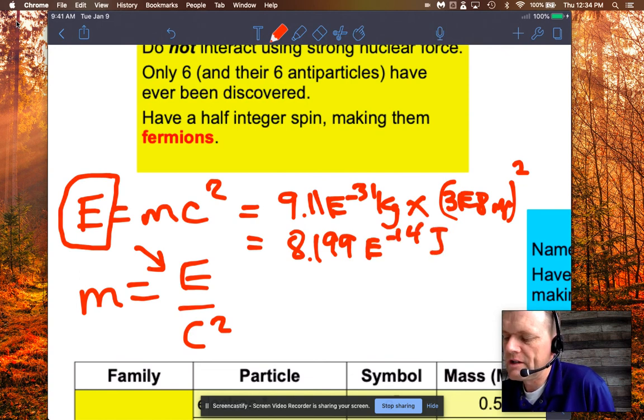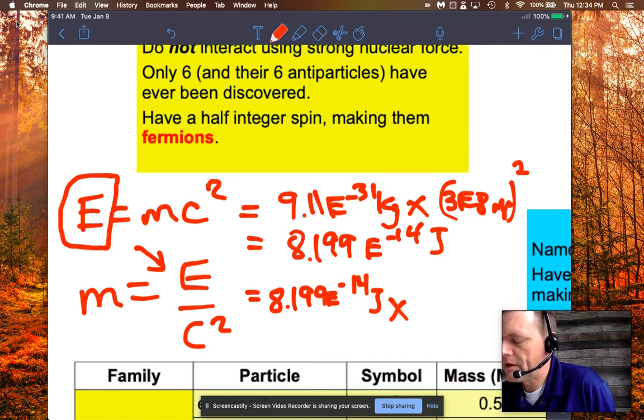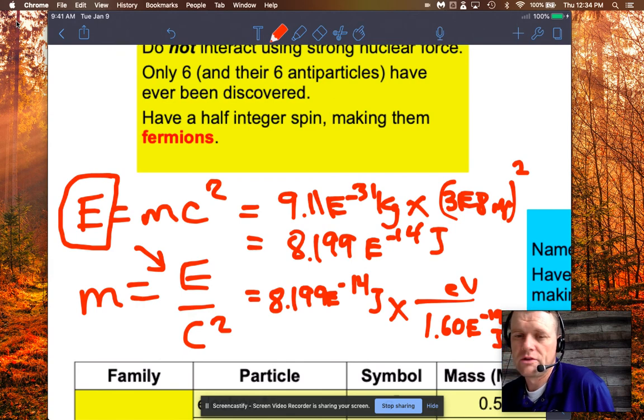Now, we're going to take that amount and convert that into electron volts. So we have to divide that by 1.6 times 10 to the negative 19, because that's how many joules there are in an electron volt.